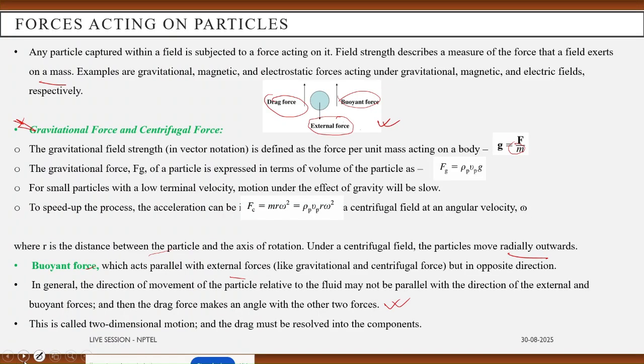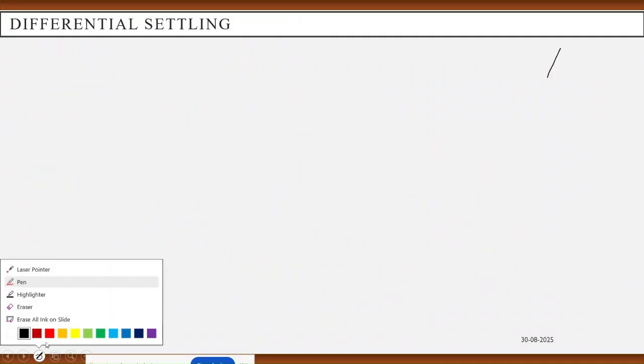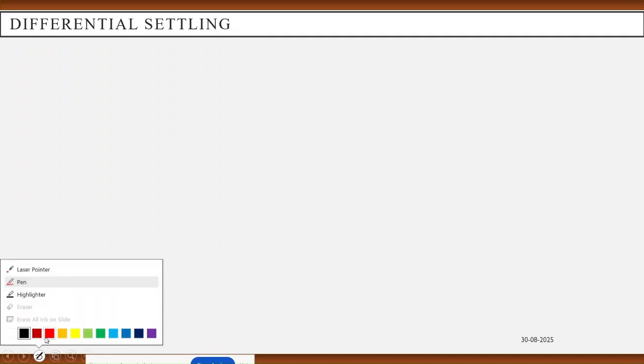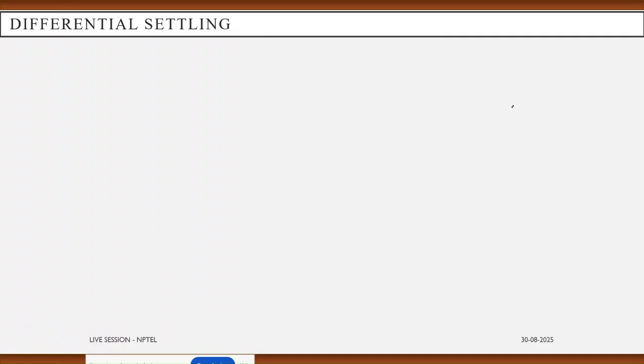So the main thing that we are going to discuss here is differential settling, which acts on the... This is our beaker of different particles.